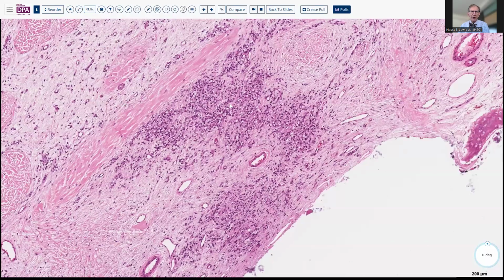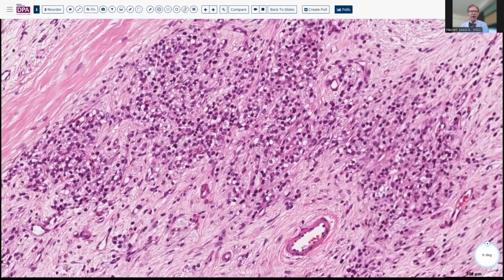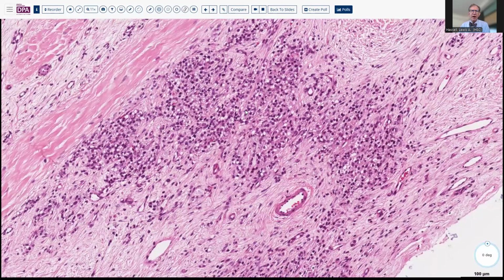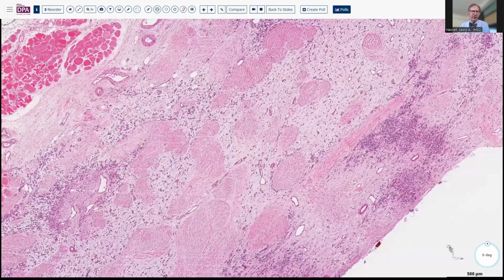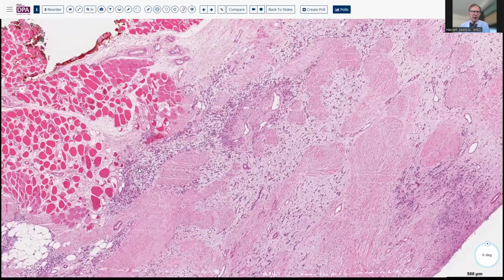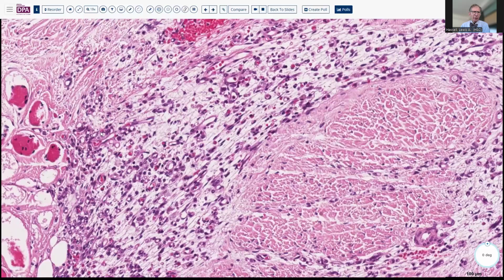Here's a few more of them here. Look maybe a little bit more convincing and concerning for tumor. And even as we look here towards the soft tissue interface, I think you can appreciate there's just a little bit too busy a cellularity here. And again, we have some of these cells with this fine vacuolization.